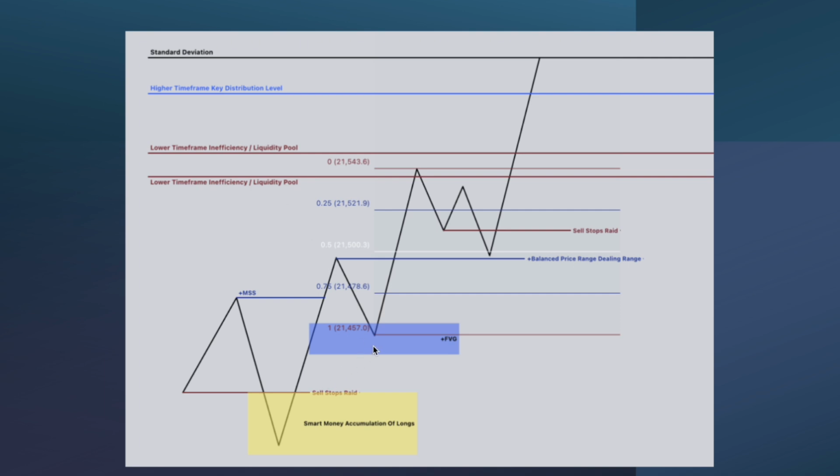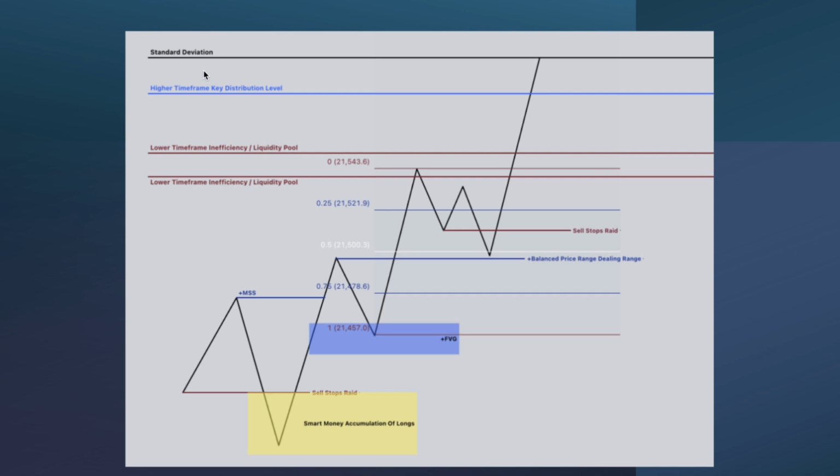And again, this range was a manipulation range, and this is why we care about this, and this is why we deviate these ranges, because they're manipulation oriented. We can deviate these levels, and this was our formal level of target. This was our formal higher time frame key distribution level.